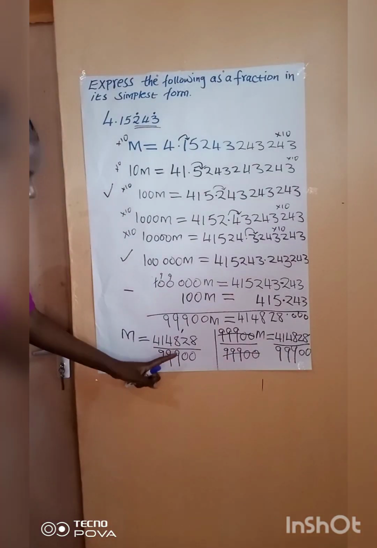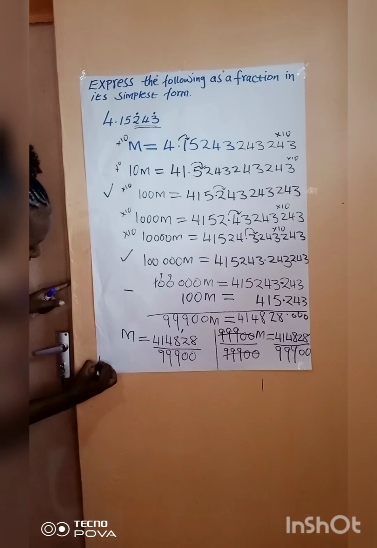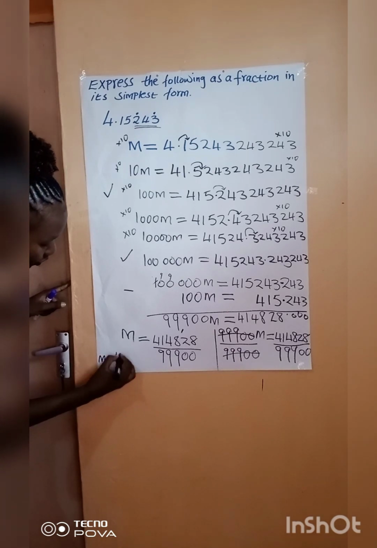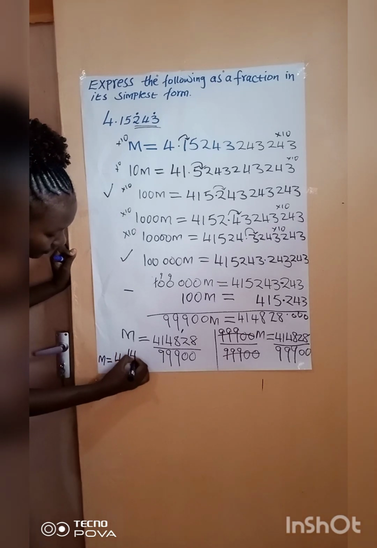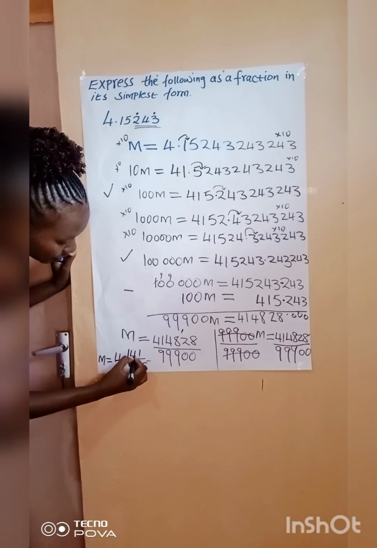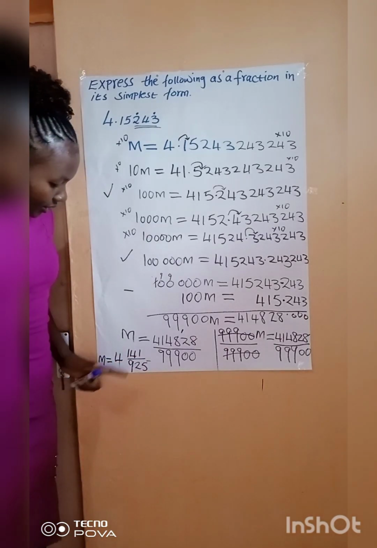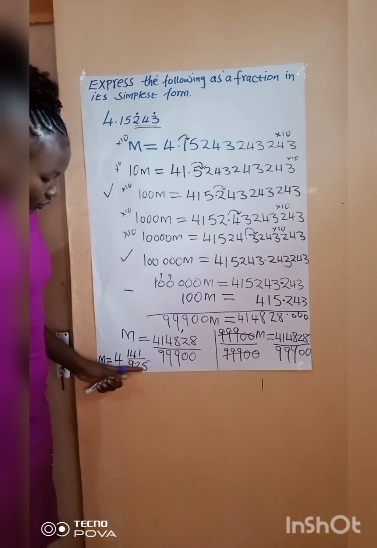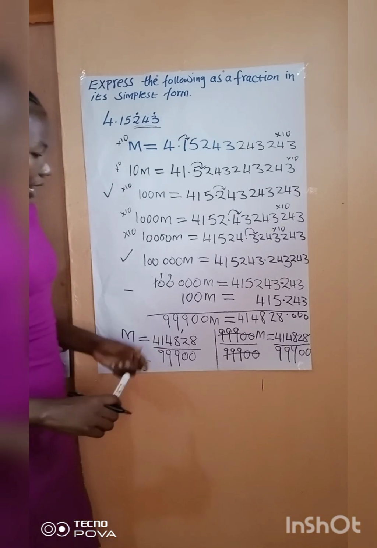So if you divide this one, you are going to get your m will be equal to 4, and then we have 141 over 925. So if you solve this one, you get 4 as the whole number, and then 141 over 925 as the fraction part of our answer.